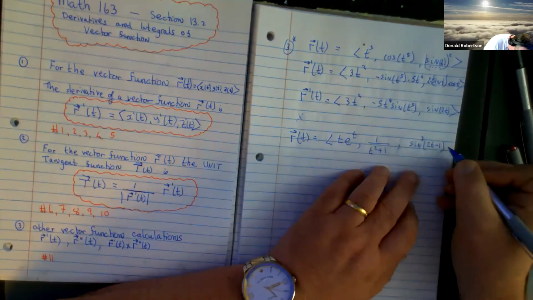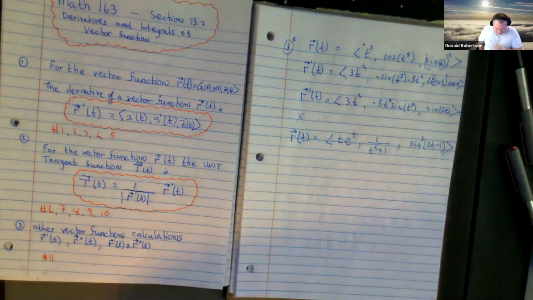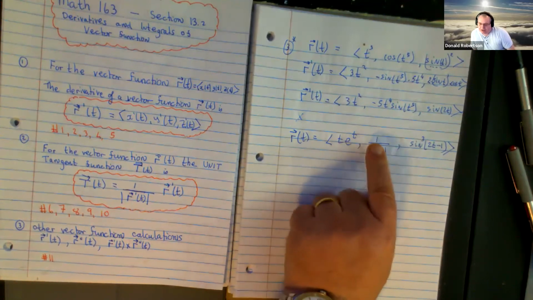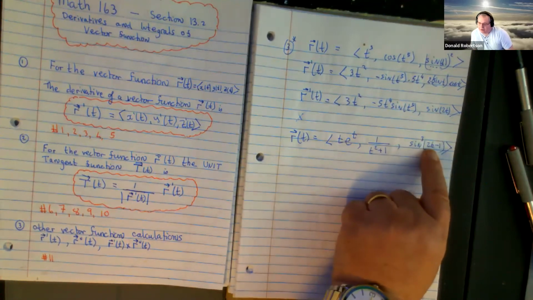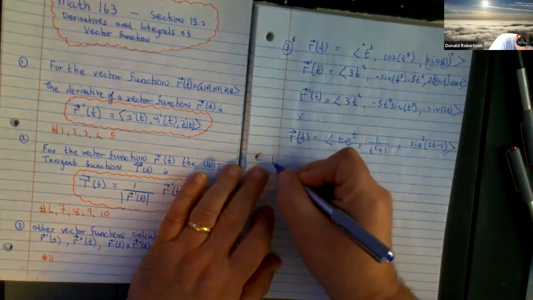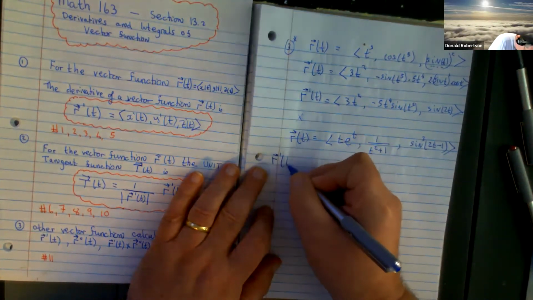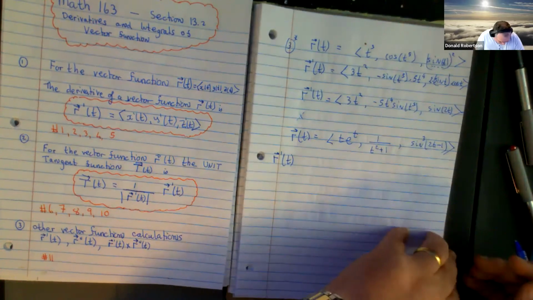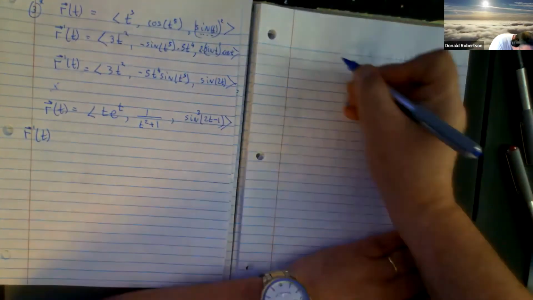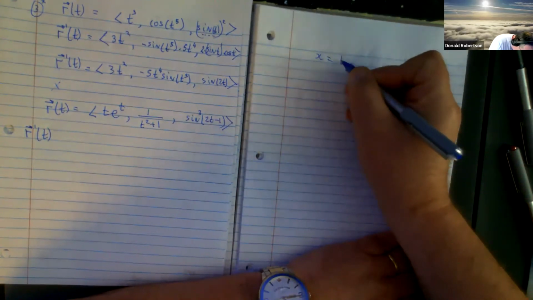And there's the last one. We're going to differentiate each one of these in turn because we're going to find the derivative. And if the question warrants it, and it's up to you whether it does or not, you might want to do some of the working on the side.